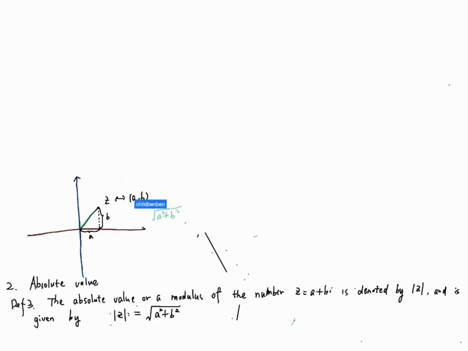So now we can see the distance between z and 0 equals the absolute value of the number z, since using the definition, we know the absolute value of z equals this. So it's also the distance between z and 0.